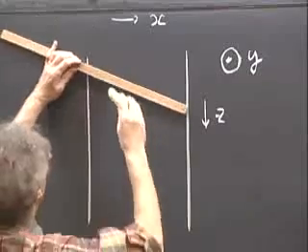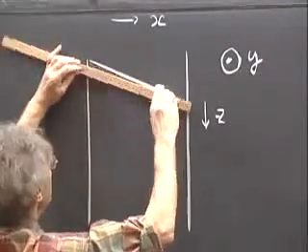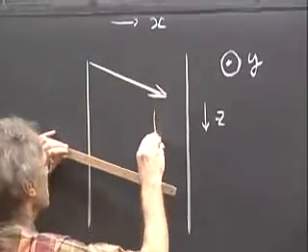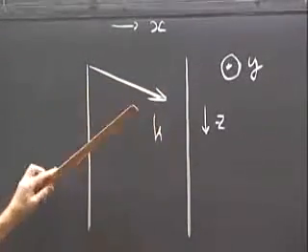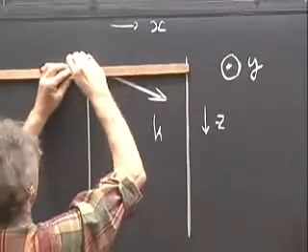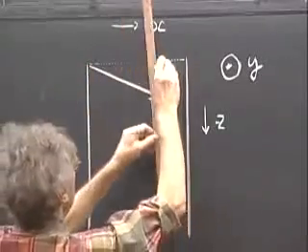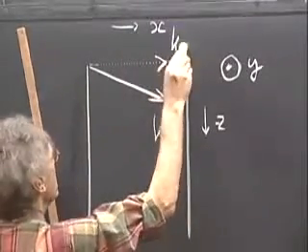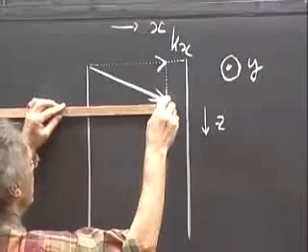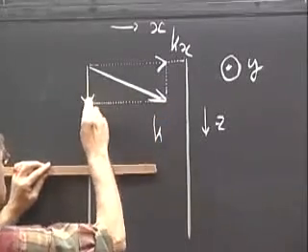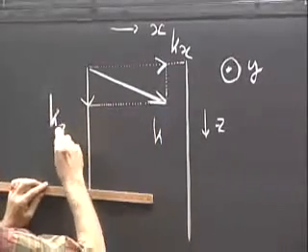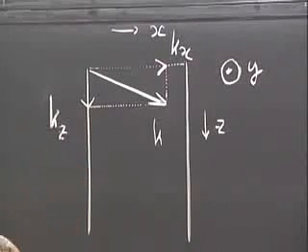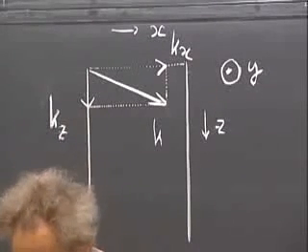So let the k vector be this. This k vector has a component in the x direction, which is k of x, and it has a component in the z direction, which is k of z, but it does not have a component in the y direction. K of y is 0.